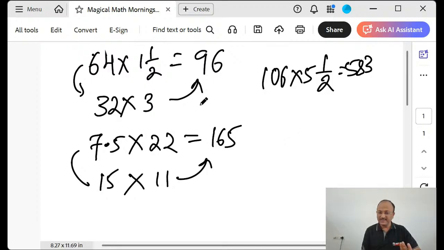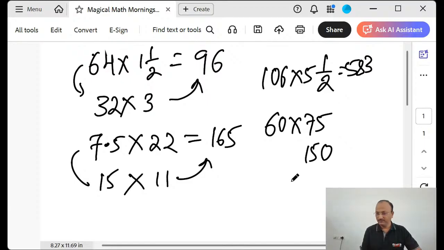Let us extend the same thing to numbers not containing 0.5. But any number ending with 5, we can use this. For example, 60 into 75, let's take. What do I do? 75, I double. Whatever number ending with 5, I double it. The other number, I will just bring it to half, 30.